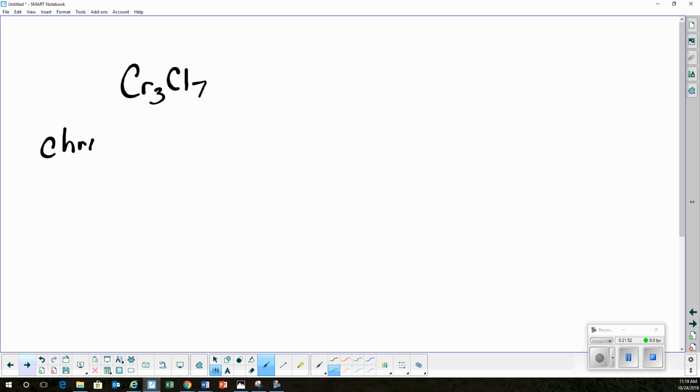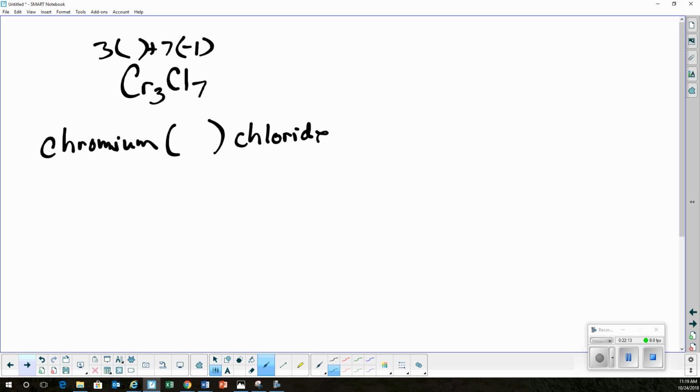Good. I think there's an N in there, but that's okay. Roman numeral something. And then chloride. And I made it difficult for you because we know chloride is a -1. We have 7 of them, plus 3 times some number equals 0.